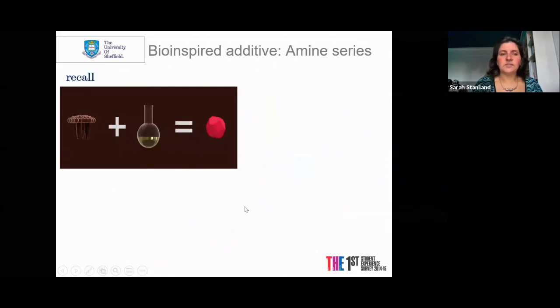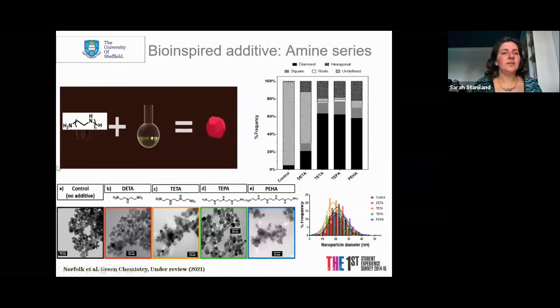Recall that we have our protein additive. Now, if we change that to these ethylene diamine series of additives, can we get a similar effect, learning from nature, but not actually using the proteins at all? This is something we've got under review at the moment in Green Chemistry, an RSC journal.